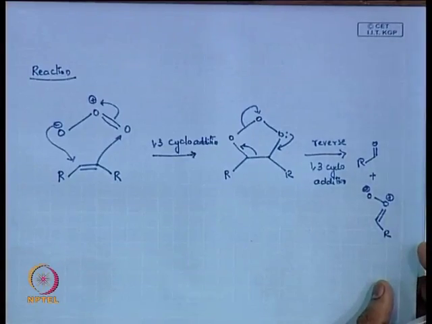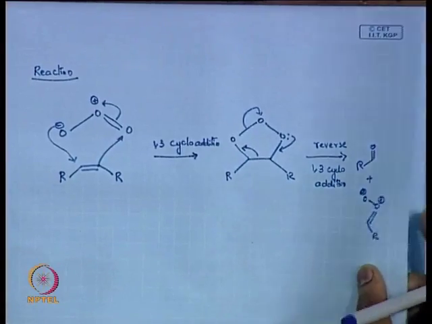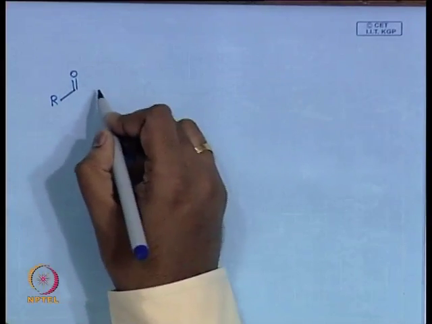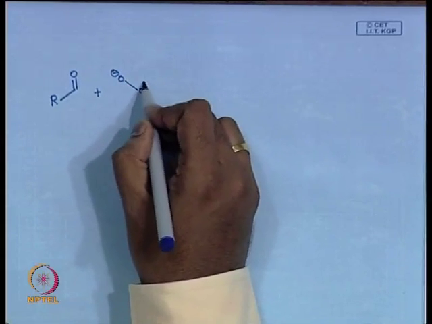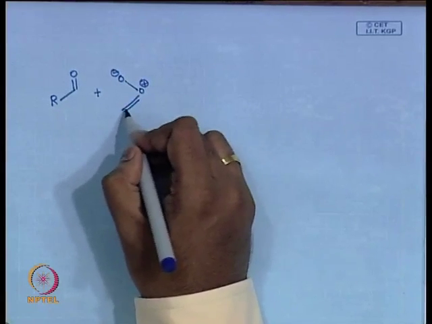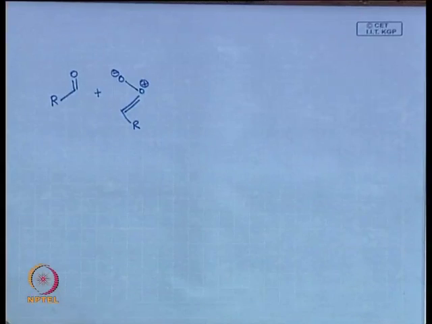So, if I write them, what am I getting? I am getting an R carbonyl plus O minus O plus. See, this is not going to recombine like that.